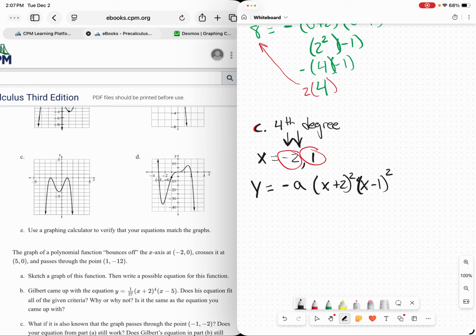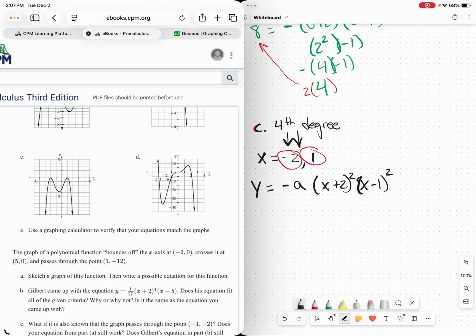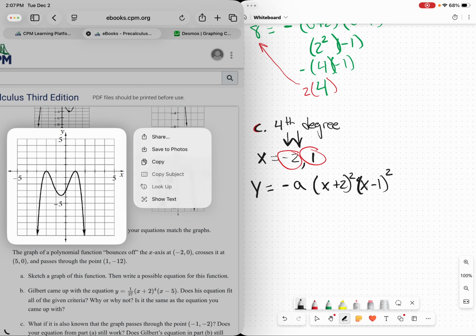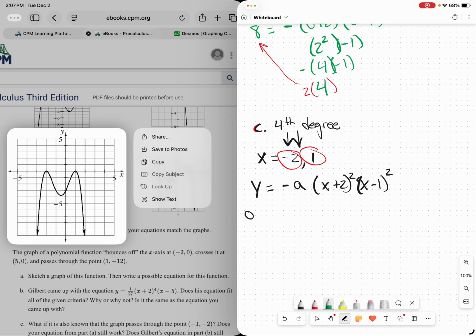Now, we need a test point. How about 0, negative 3? So let's test 0, negative 3. So negative 3 is our y. 0 plus 2 squared, 0 minus 1 squared. So 2 squared is 4, 1 squared is 1.